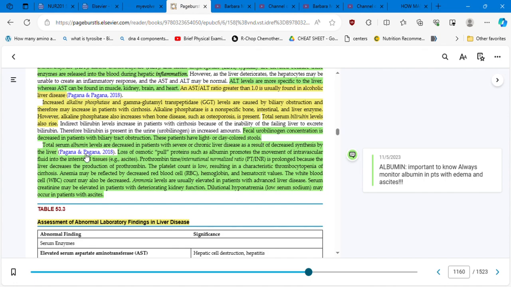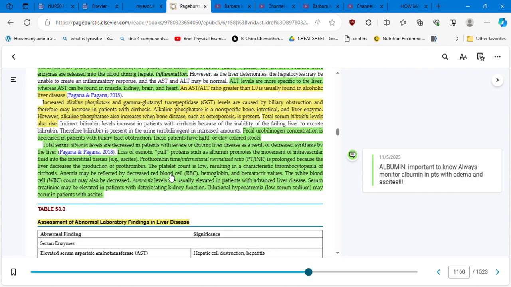Total serum albumin levels decrease in patients with severe or chronic liver disease. We mentioned that: loss of osmotic pull from proteins such as albumin, because albumin keeps the fluid in the intravascular space. Prothrombin time and INR are prolonged because liver disease decreases the production of prothrombin.